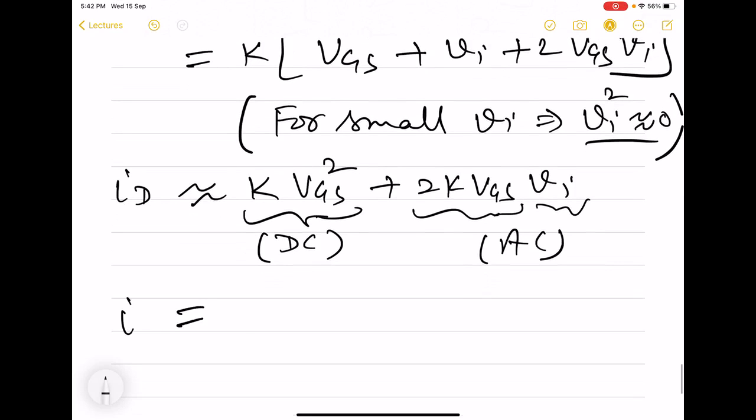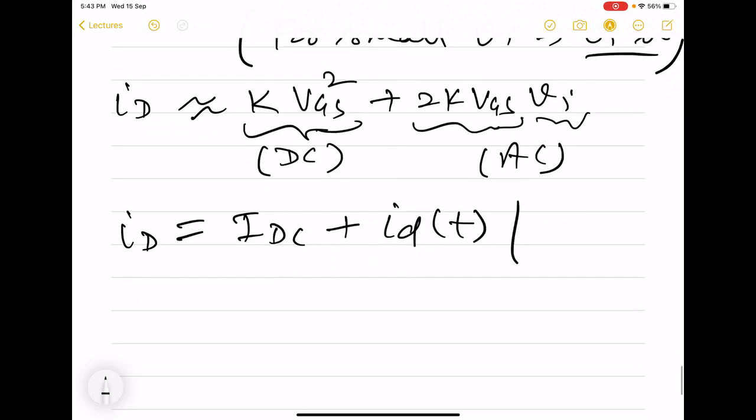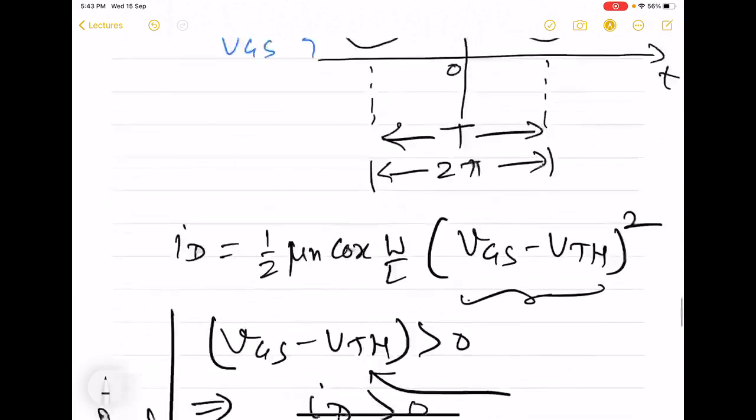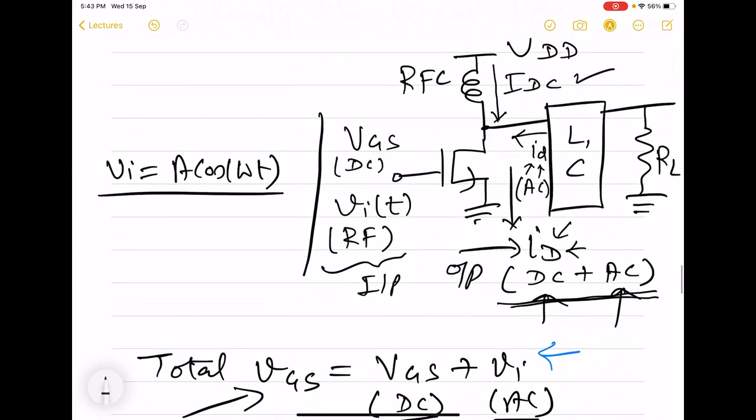This leads to a DC current which will be flowing through the RFC, and then we have a time varying current which will be flowing through the load network. This much portion will be called the load network. So everything on this right hand side will be called the load network.